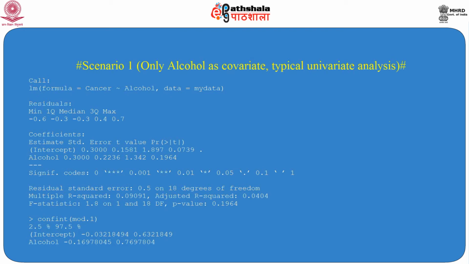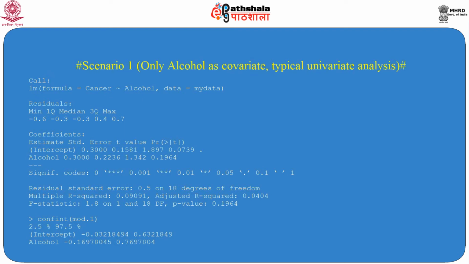Now we come to the next function's result, confint for mod.1, which gives us the confidence interval for model 1. The estimate for alcohol is 0.30, and the confidence interval is from minus 0.16 to plus 0.36.